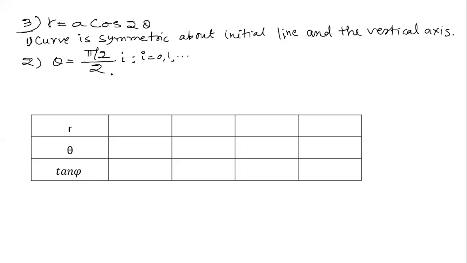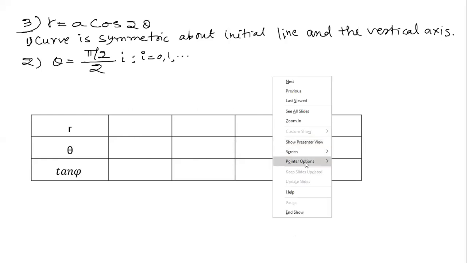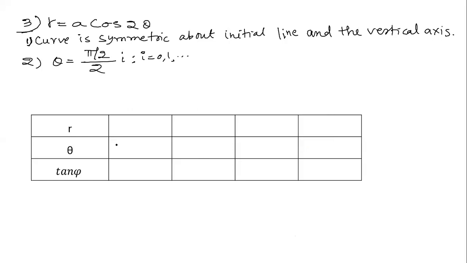Putting i equal to 0, we are getting theta equal to 0. How many values will be there? There are 4 quadrants. Each quadrant is to be divided into two parts. So there will be 8 different values.